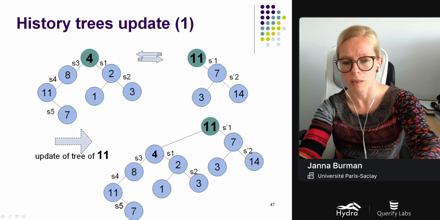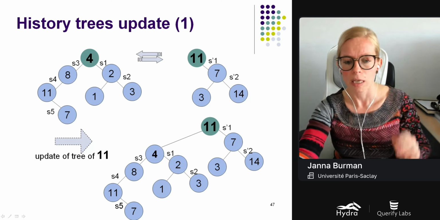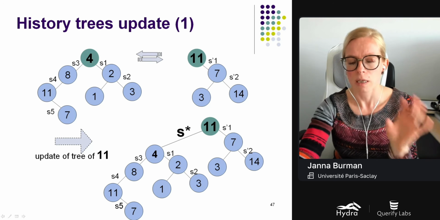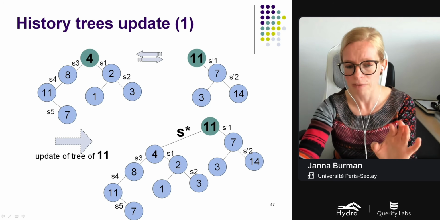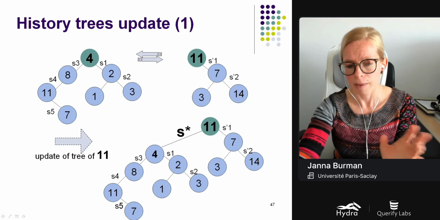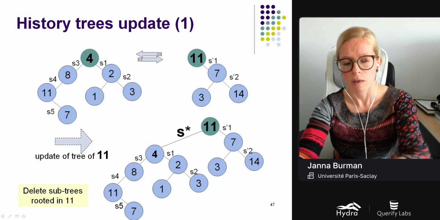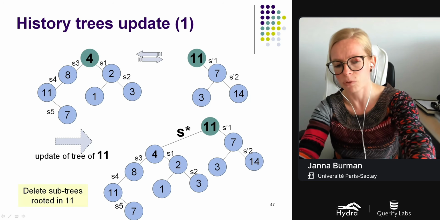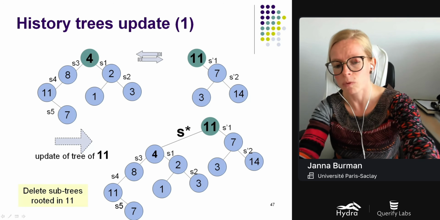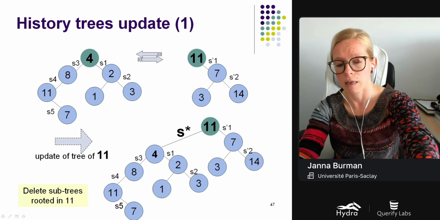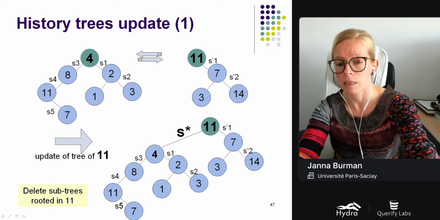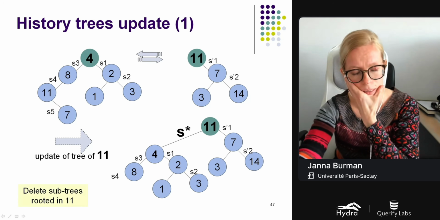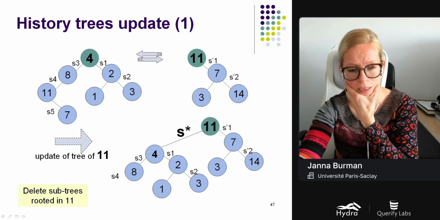It will link it with one edge. 11 will generate together with 4 this new sync value, star, and to keep unique names on each leaf to root path, we will remove all the subtrees that are rooted in 11. This will ensure that we always have such paths with unique names.